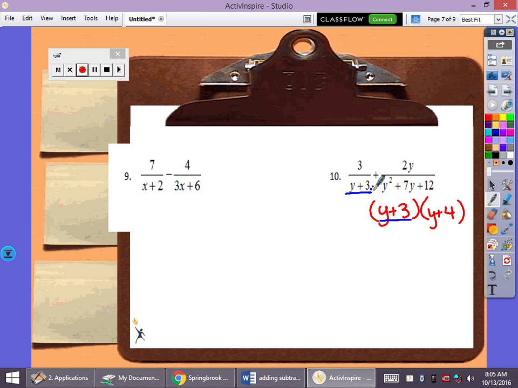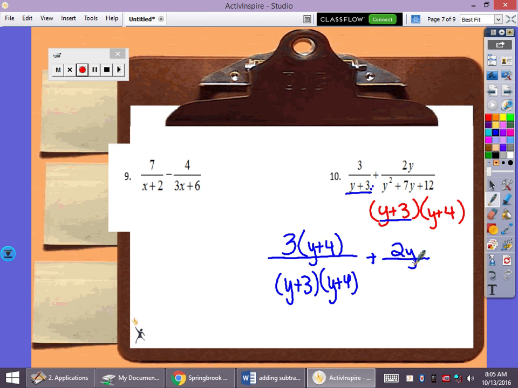If I put them on the bottom, I also have to put them on the top. So it's going to be 3 times y plus 4, which is the missing piece. And then y plus 3 times y plus 4 plus the 2y over y plus 3, y plus 4. Okay, so I'm going to go ahead and distribute, and I get what? 3y plus 12.